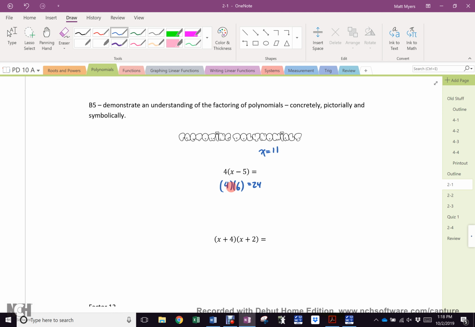Which are the factors and which is the product? She too. 24 is the product, yes? Now, if I wish to find the factors of 24, I must do what math to 24? Division. Everybody cool? All right.